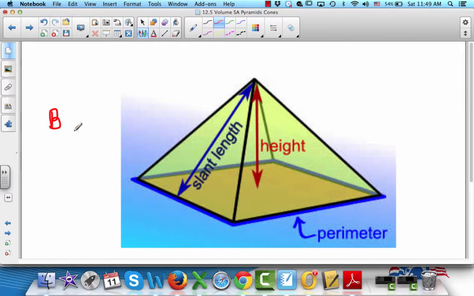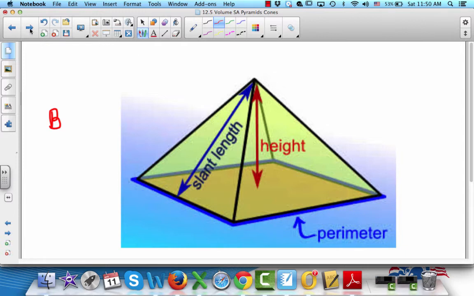Big B means that you've got to find the area of the base, okay? So that's this part down here in the tan color. And then the perimeter of the pyramid is going to be this blue that goes all the way around. The perimeter of the base is what you're concerned with whenever we're working problems in this section. And you know to get the perimeter that you've got to add all the sides up.